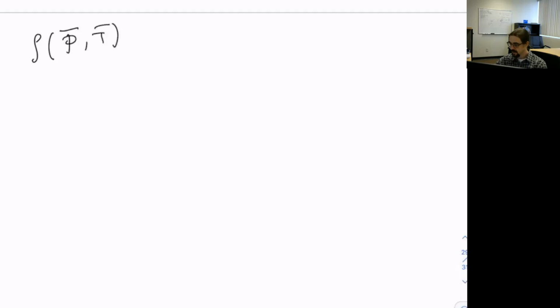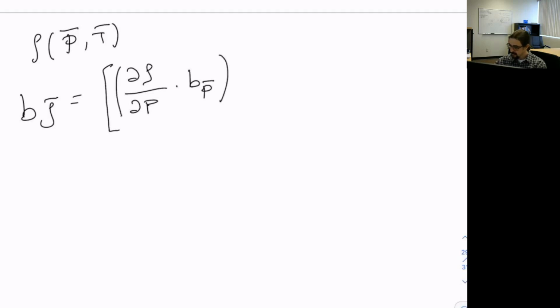Therefore, for the error B rho bar, I'm going to use the partial differential rule. It's going to be the square root of d rho over dp times bp bar, squared, plus d rho over dt times bt bar, squared.